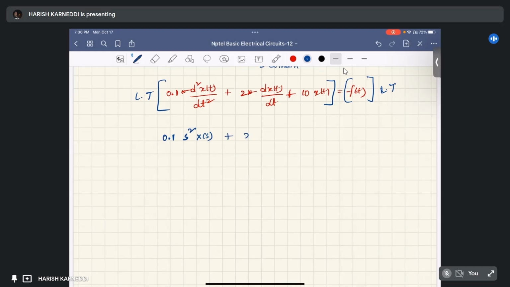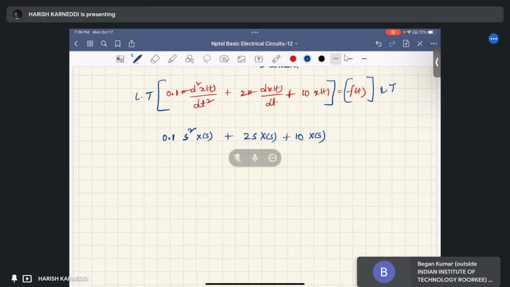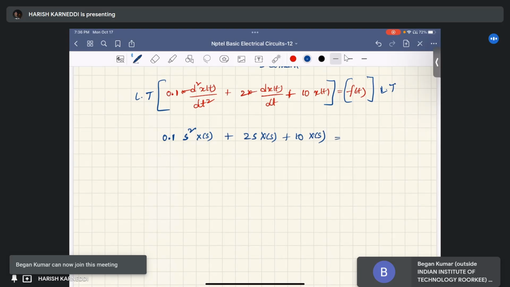Plus 2 is the constant, and the Laplace transformation of d/dt is s, and of x(t) is X(s). And 10 into x(t), Laplace transformation is X(s), and the Laplace transformation of f(t) is F(s).